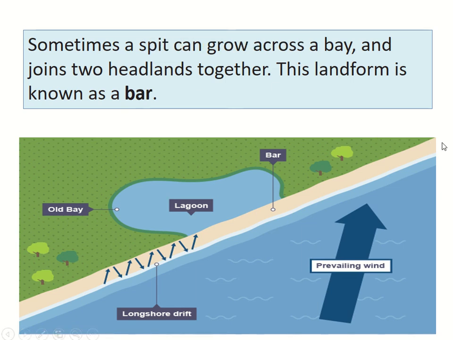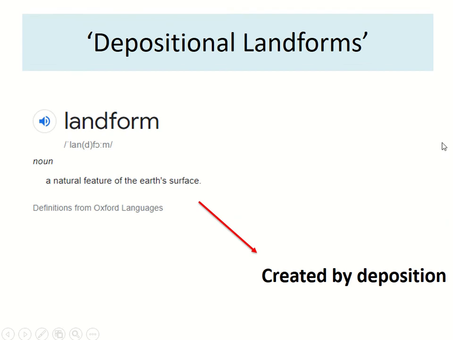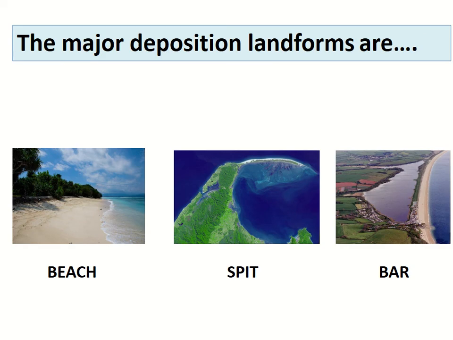So that's that. And so to finish off then, guys, and really make that clear, there are 3 main depositional landforms: beaches, spits, and bars. These all relate to the concept that the coast is one connected system. The material that is accumulated in this spit or this bar is the same material that will have been eroded further down the coastline.